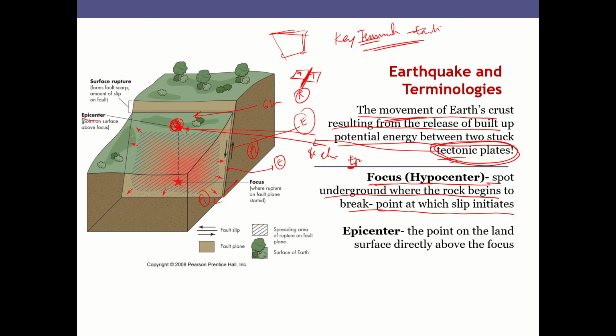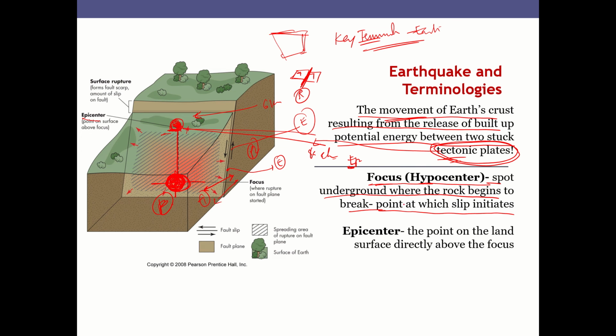So what is an epicenter? If there is a collision between two tectonic plates, there is some disruption underneath the earth where the two tectonic plates meet, and that location is called focus or hypocenter. The exact perpendicular point on the surface of the earth above the focus is called epicenter.